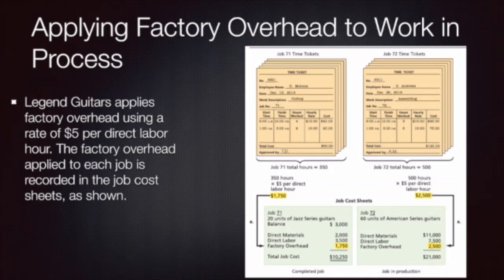So, 350 plus 500. Based on the time tickets, 350 hours can be traced to job 71 and 500 hours can be traced to job 72. Using a factory overhead rate of $5, for a total of $4,250.